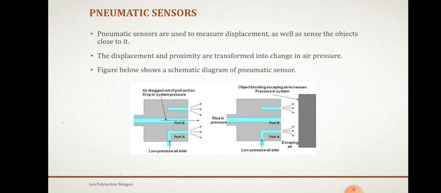The object is over here, and the object blocking escaping air increases pressure in the system. Air is dragged out of the port, so a drop in the system pressure will be there. You can see port A and port B. When the object blocks the escaping air, there is a rise in the pressure in the system.